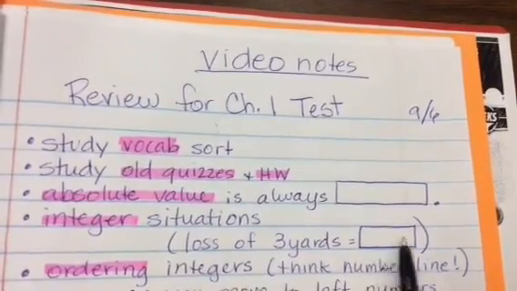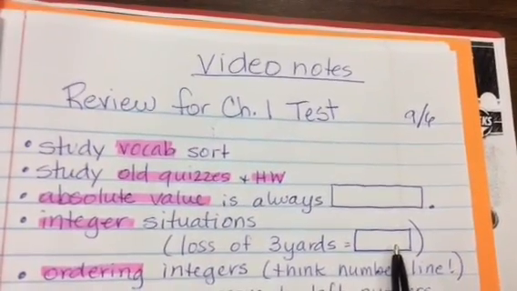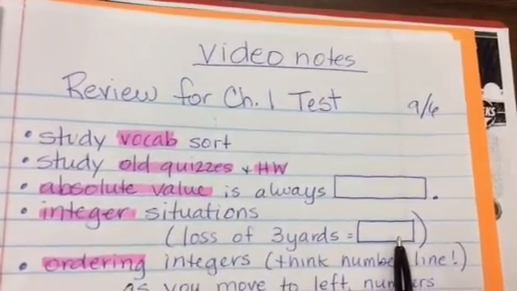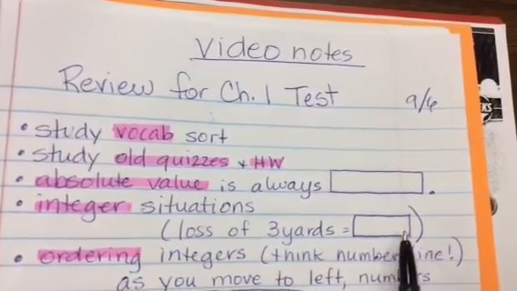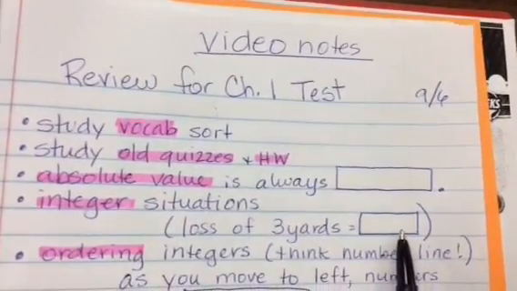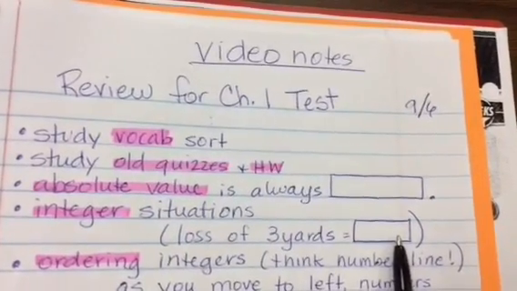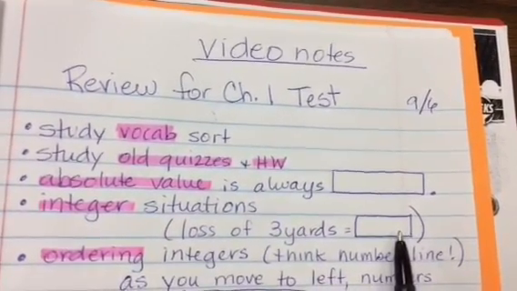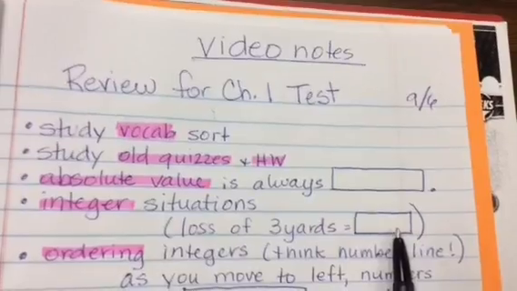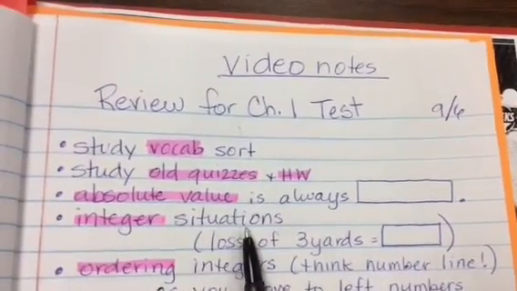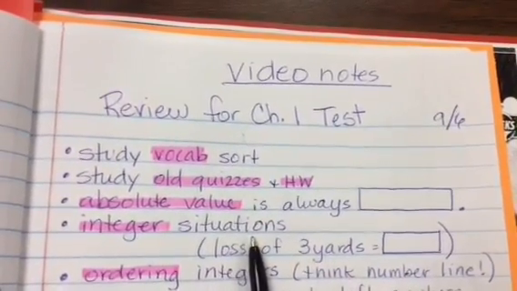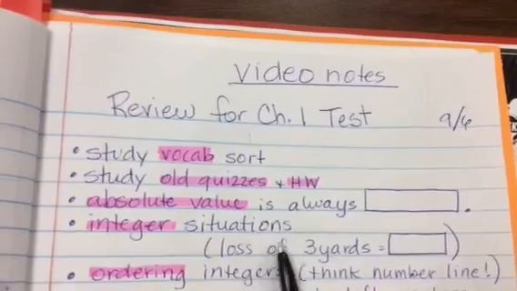So you're going to write a -3 in that blank. If I give you $25, that integer would be +25. If I have to go down 7 steps to the cafeteria, that integer would be -7. So remember those integer situations. Review those terms on positives and negatives.